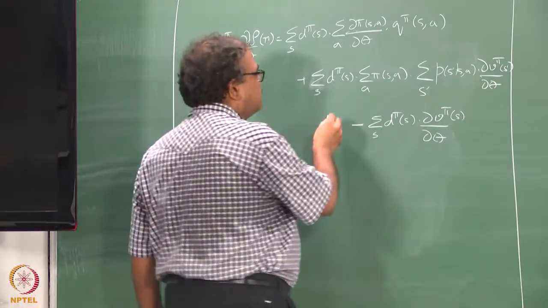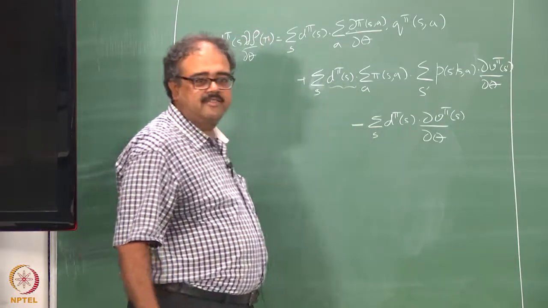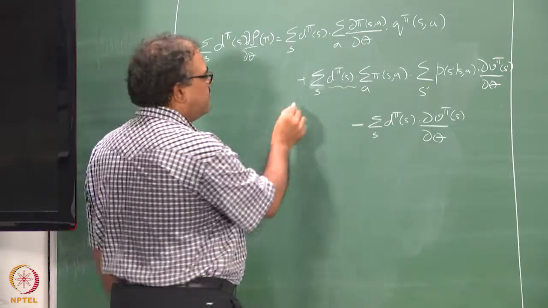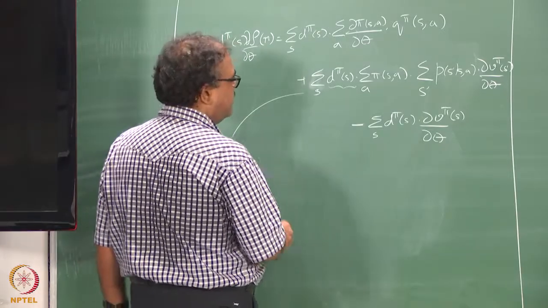Okay. So, we know that d pi s is a stationary distribution. So, let me just take this term alone and write it like this.